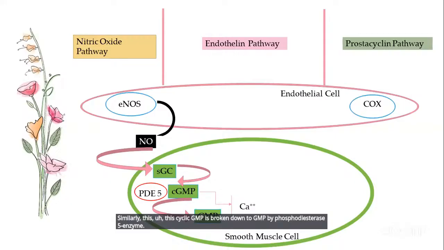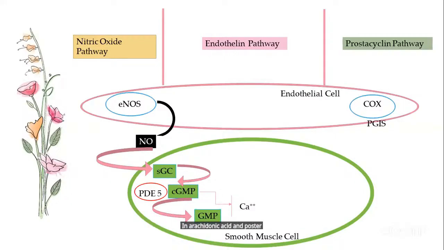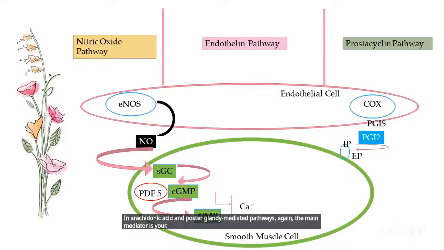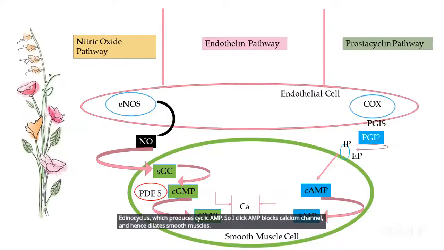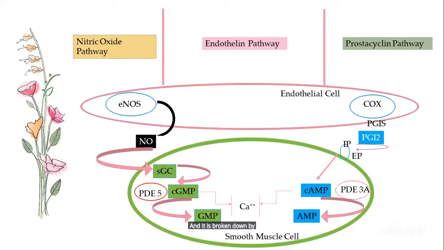In arachidonic acid and prostaglandin mediated pathways, again, the main mediator is adenyl cyclase, which produces cyclic AMP. Cyclic AMP blocks calcium channels and hence dilates smooth muscles. And it is broken down by phosphodiesterase 3A enzyme to AMP. Now, this is the crux for using our medications.